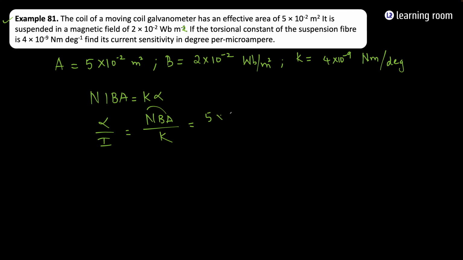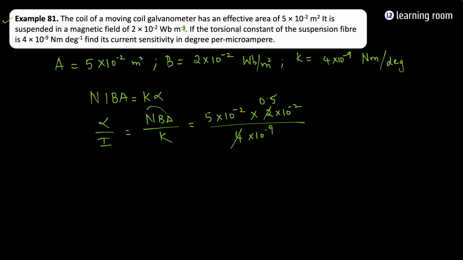So how much is that value going to be? It is 5 into 10 power minus 2 into, what is the value of B? It is 2 into 10 power minus 2, the whole divided by, what is the value of K? It is 4 into 10 power minus 9. So 4 will cancel to 0.5 times.